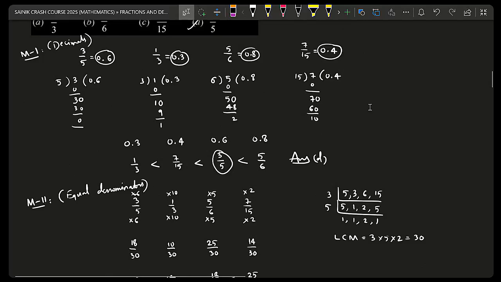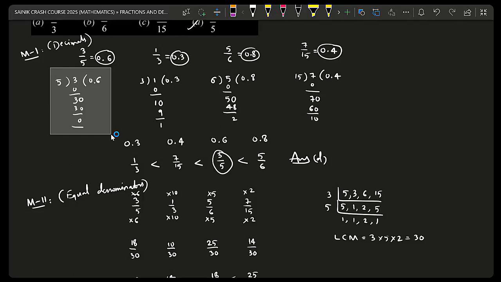You know how to convert fractions to decimals? Yes, sir. The numerator we have to divide by the denominator, right? You don't know decimal division. That's why you may be having doubts. See here, I want to divide 3 by 5. 5 into 0 is 0, right?